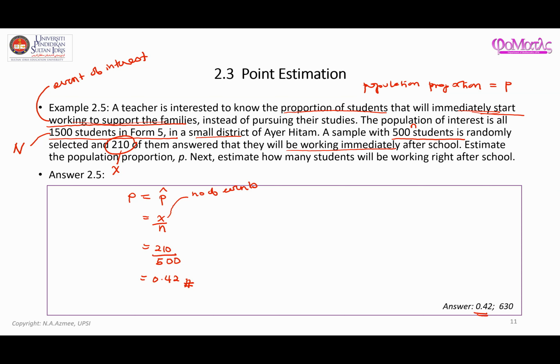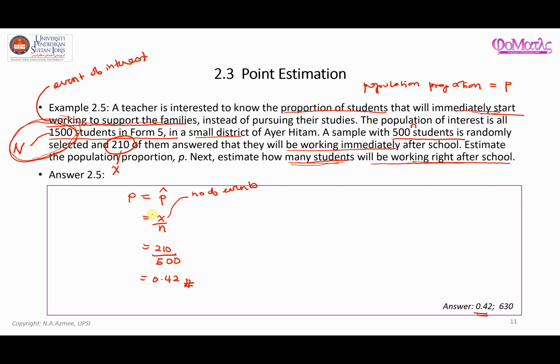Right, next we're going to estimate how many students will be working right after school. So here we need to use the information from this part, which is the size of the population. The teacher is interested to know how many students will be working right after school.